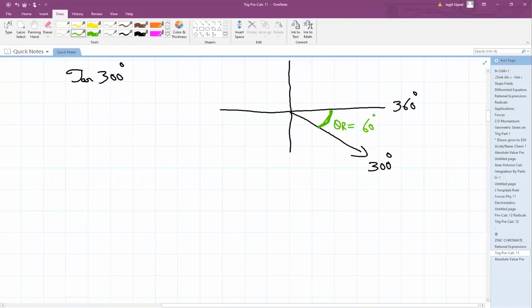So what's my reference angle, Zoya? Excellent. And then you write add sugar to coffee. So you're going to say tan of 300 is just going to be tan of 60, except in this quadrant, my tan is going to be negative. So we're going to put a negative there. So tell me the value of tan 60 using the finger method.